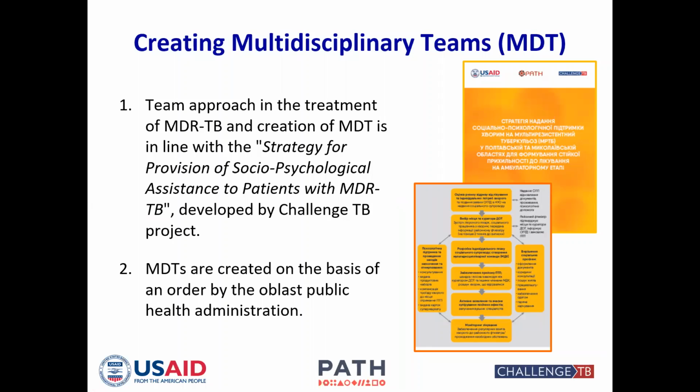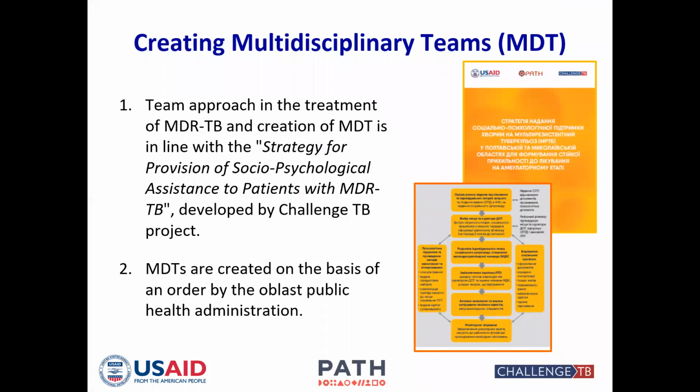To make the best use of available funds under the Challenge TB project, PATH and its partners developed the strategy of social and psychosocial support for patients with DRTB. So you can see this orange book. This is the strategy, and underneath this is the algorithm that we developed.